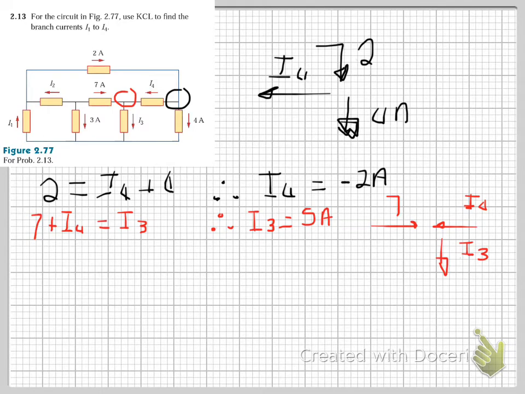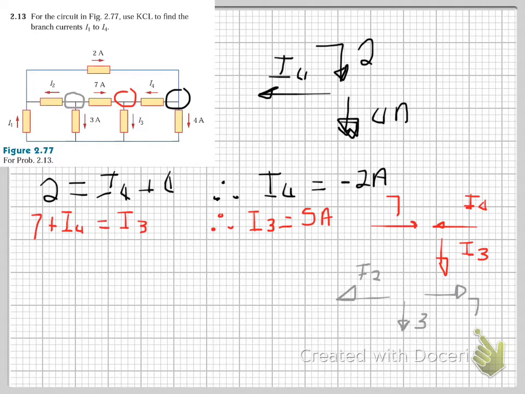And then the other node we're going to look at is here. So this one is a little bit weirder because you've got I2 flowing out there. Then you've got a 3 amp flowing out there. And you've got a 7 amp flowing out there, right?